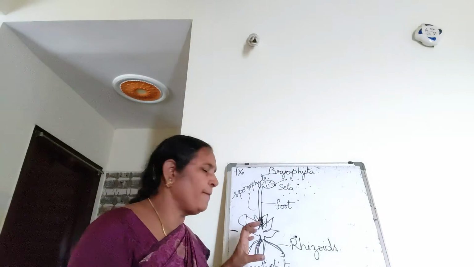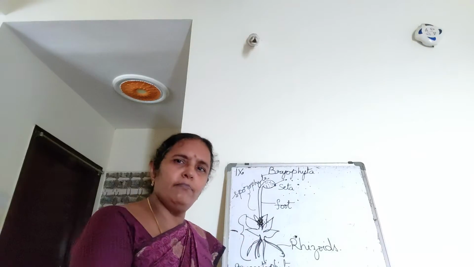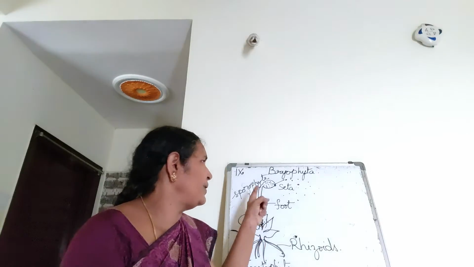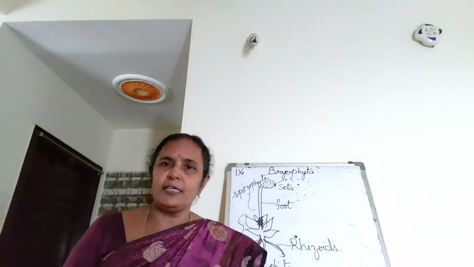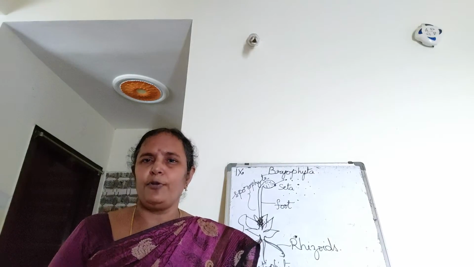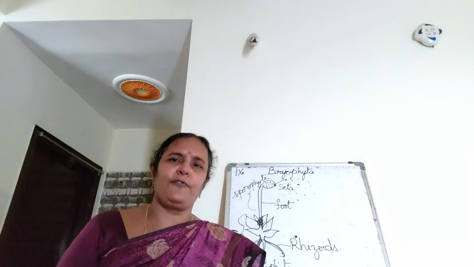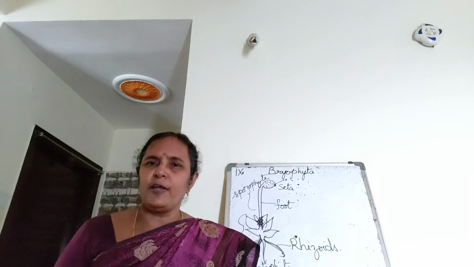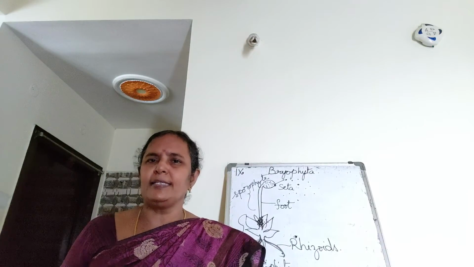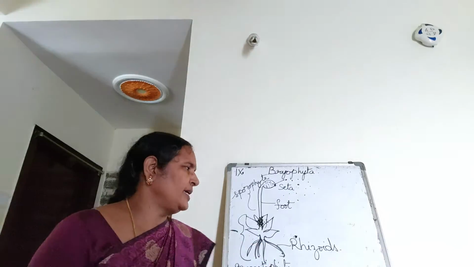In bryophytes, the main plant which is held to the ground is gametophyte, and from the gametophyte only sporophyte developed, and when the spores reach the ground during favorable conditions, they germinate into a gametophyte. So gametophyte is always alternating with the sporophyte. Again sporophyte grows into a gametophyte. From the gametophyte, sporophyte develops. It goes on continuously in a cyclic process that is called alternation of generation.